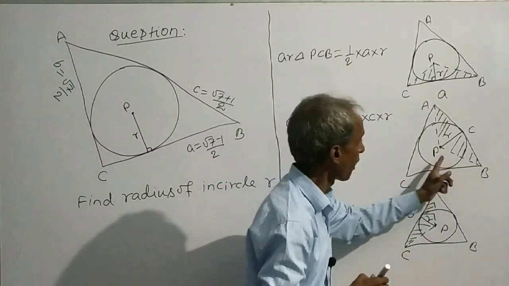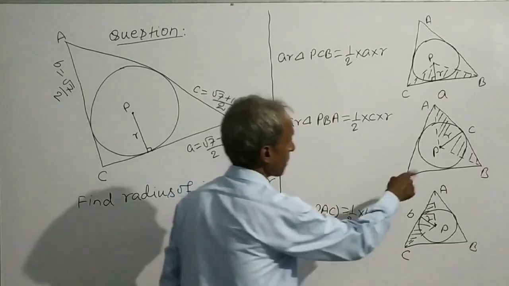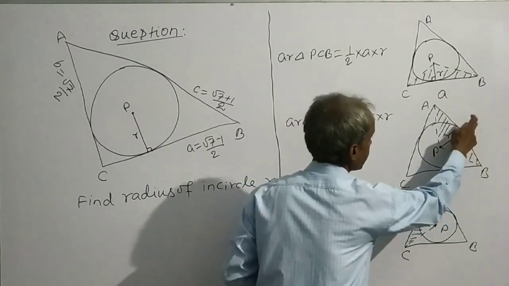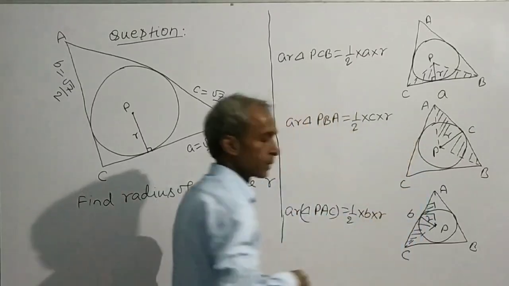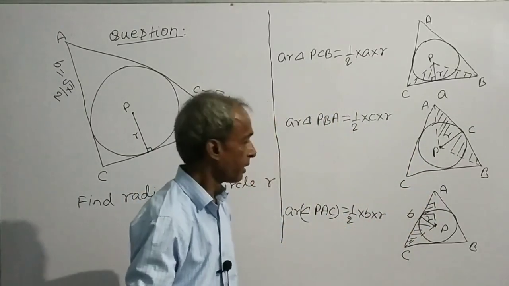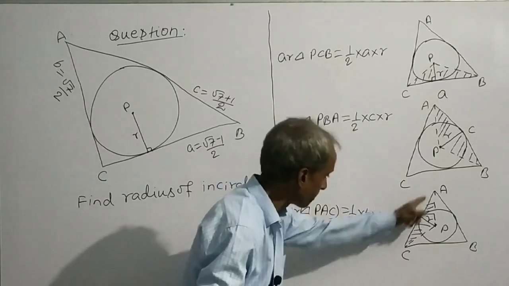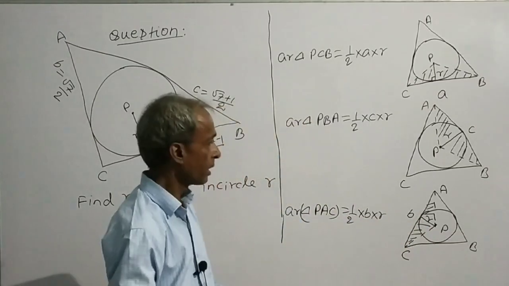Similarly, the area of this triangle PBA will be equal to 1 by 2 times base c and height r. The area of this triangle PAC is 1 by 2 times base b and height r.